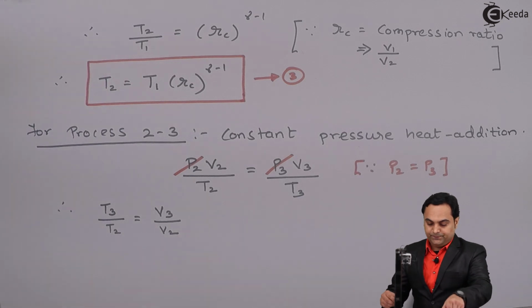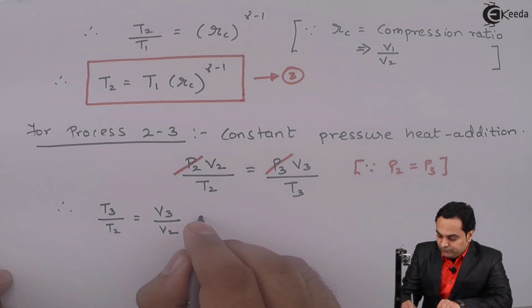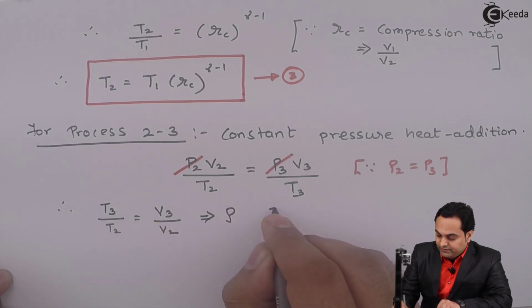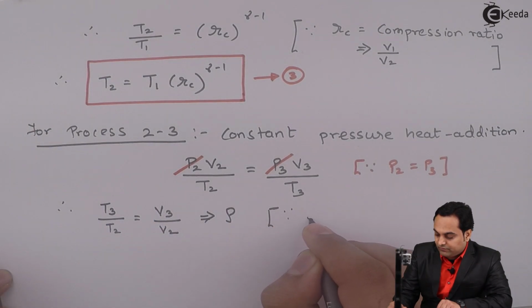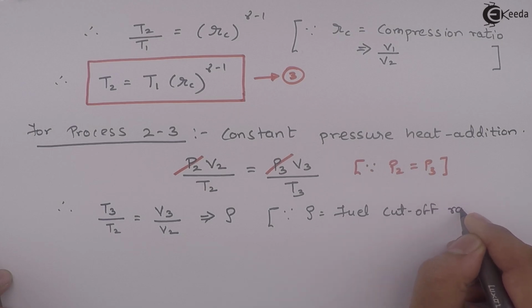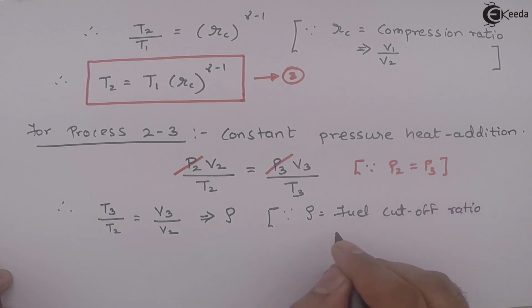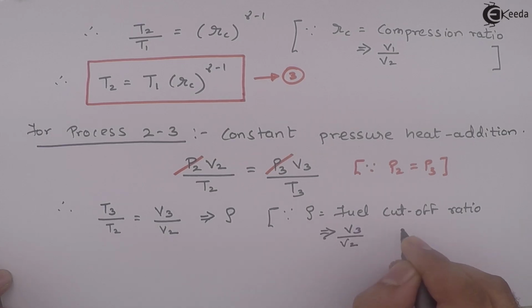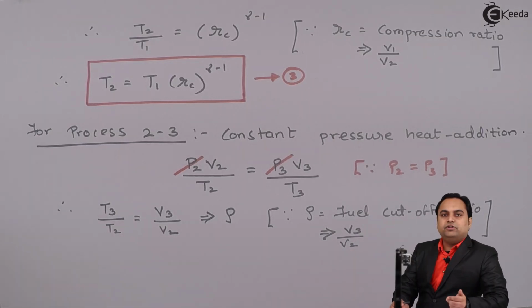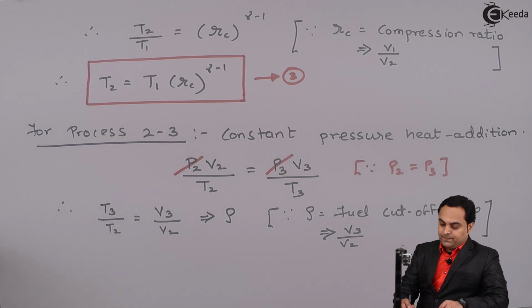So here I'll write down that V3 by V2 is equal to rho, where rho is called the fuel cutoff ratio, and this fuel cutoff ratio is V3 by V2, that is, the volume at fuel cutoff to the volume before the fuel addition starts.